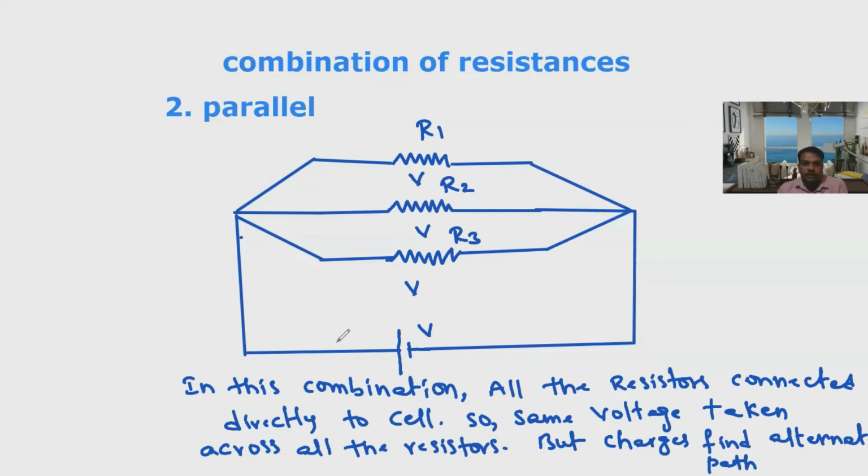So current divides. Let I be the current from the cell that flows through the circuit. I divides through these three paths into I1 through R1, I2 through R2, I3 through R3.